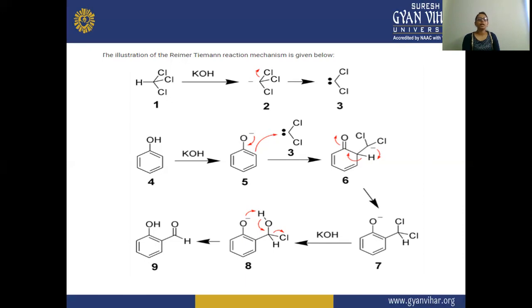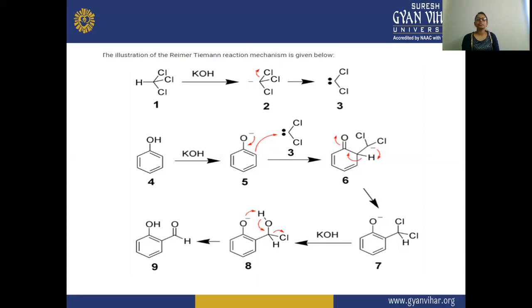In this phenoxide ion the resonance starts. From the negative charge on the oxygen attached to the carbon, electrons are pushed, and the double bond present between the first and second carbon is shifted.